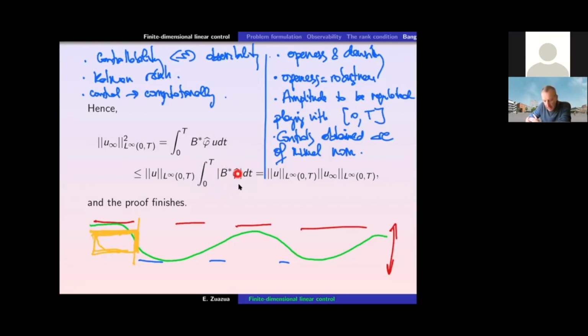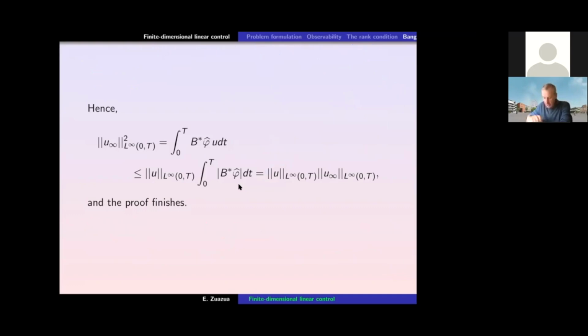So the optimality condition is given not by the amplitude or by how long you keep the control. It's just a balance between amplitude and length of the time interval, the area of the action, the overall L1 norm of your action, that is determining the optimality. And it's that principle which tells us that L infinity optimal controls need to be bang-bang. Okay, good.